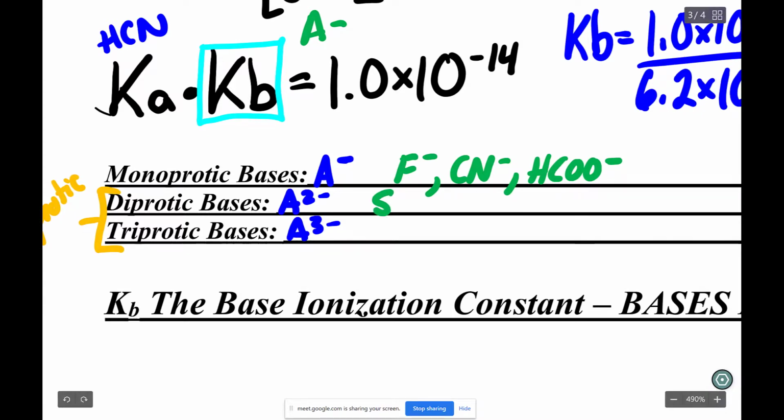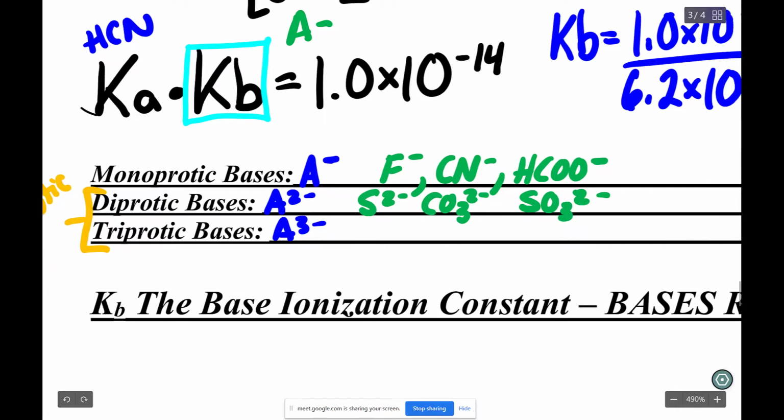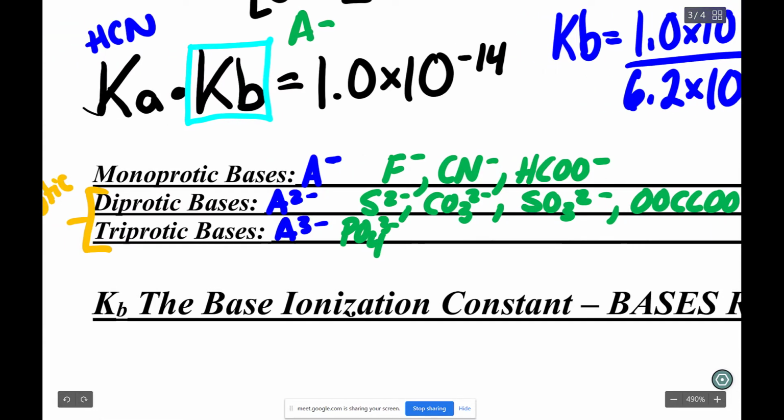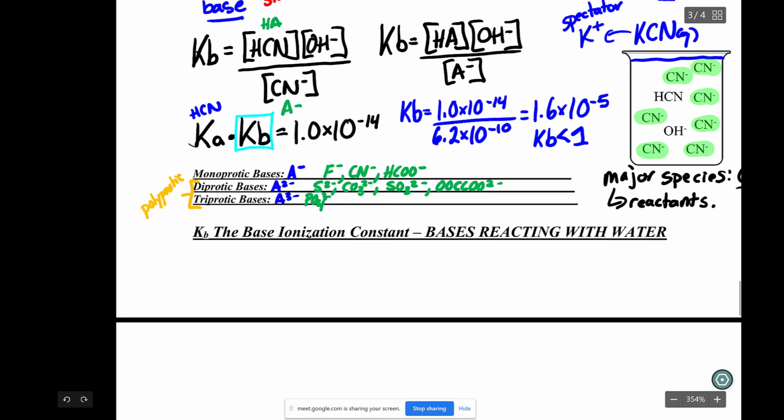Diprotics could be something like S2-, or CO3 2-, or SO3 2-, or if we're talking about organics that turn into ions, OOCCOO 2-. And there are very few triprotics, but PO4 3- can be a base. So keep this in mind.